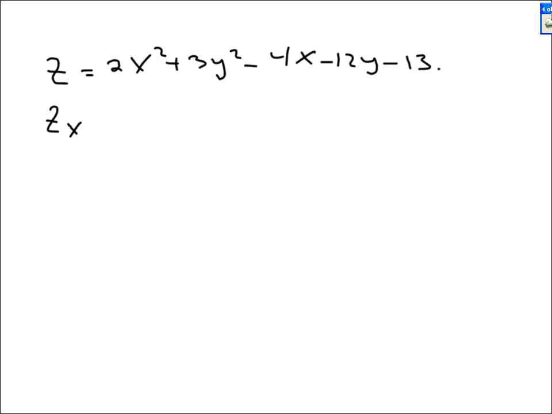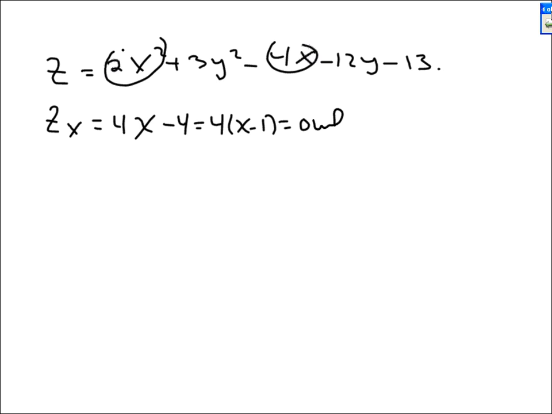z sub x. This is a function of x. Its partial is 4x minus 4. This is 4 times x minus 1. This equals 0 when x is 1. Okay, z sub y. Here's a function of y. The partial is 6y. Here's another function of y. The partial is negative 12.